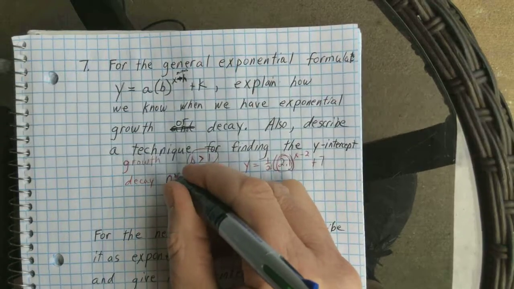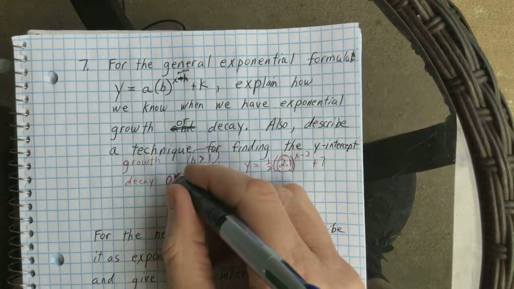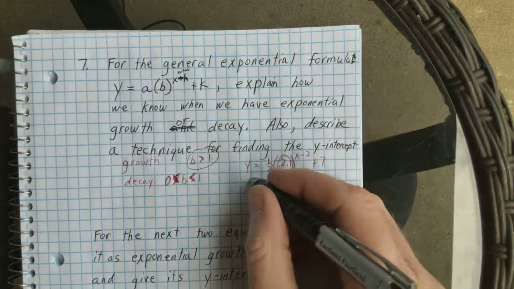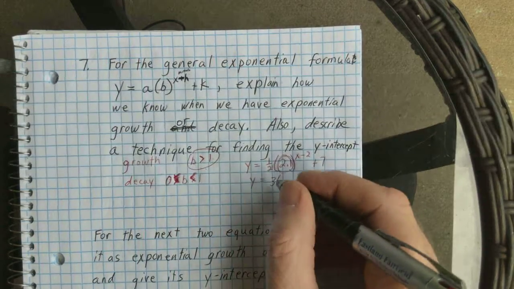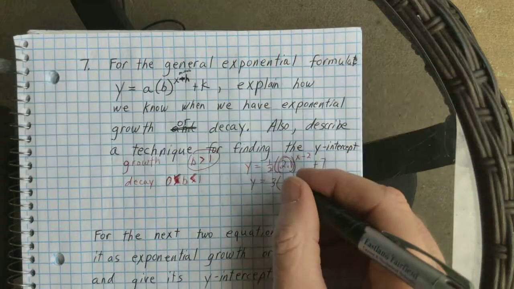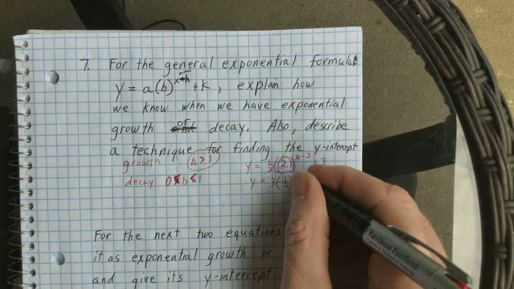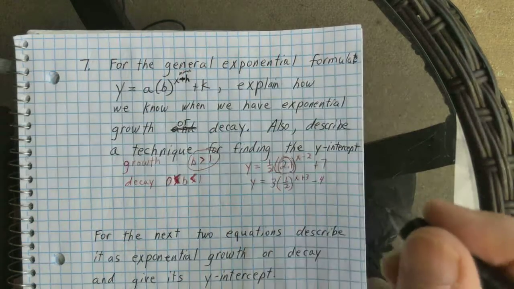Let's turn these around, please. b is less than 1 and b is greater than 0. That is exponential decay. So that would be something like y equals, I'll put a 3 out here, something bigger, but it doesn't matter, times 1/2 to the power of x plus 3 minus 4.